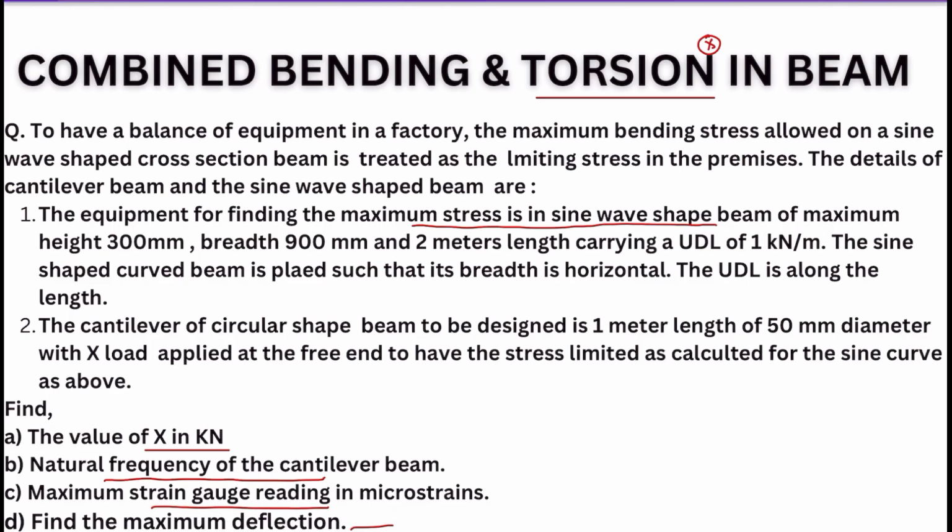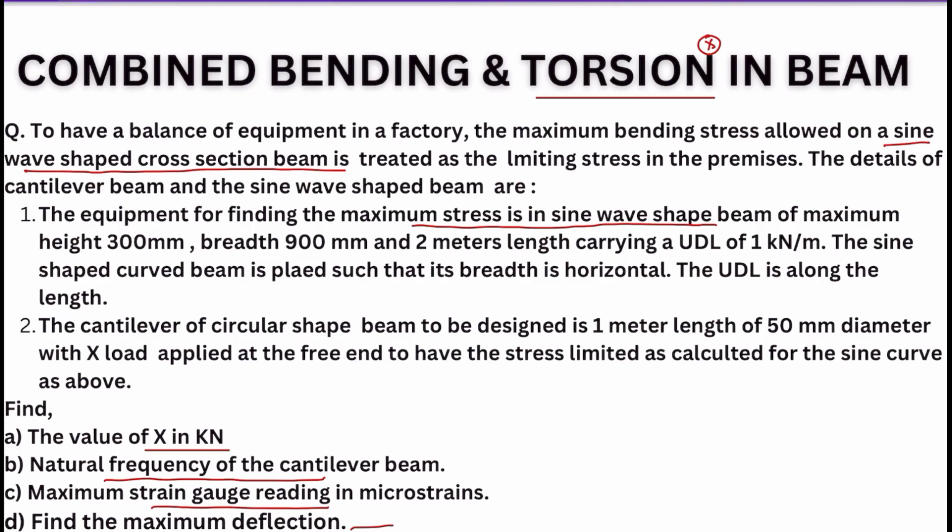In the problem, a factory is there in which a beam is there. It is in the shape of a sine wave, with a cross section in the shape of a sine wave.